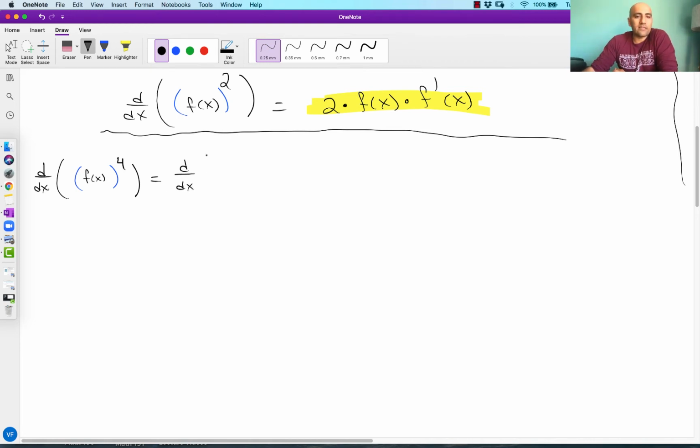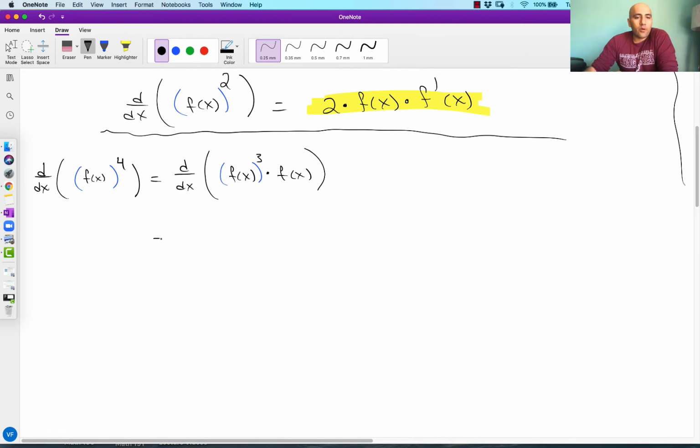We'll say that this is equal to f of x to the power of 3 times f of x. And also you could actually do squared and squared. That would be fine as well. But we're just going to stick to this one.